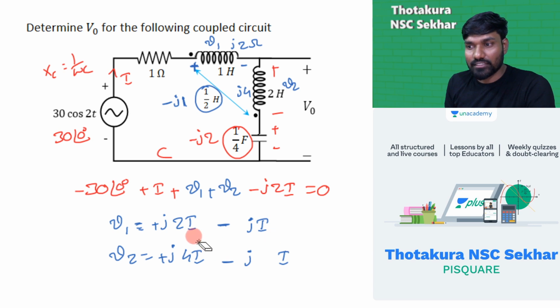J into I simply. Here also J into I. Because mutual inductance value is minus J, I'm putting this minus J. Previously I had taken this J4, that's wrong. Here J4 is the self-induced EMF. These two are the self-induced EMF, these two are the mutual induced EMF for these two coils. Now you need to substitute these in this and solve it for I. Just do that.